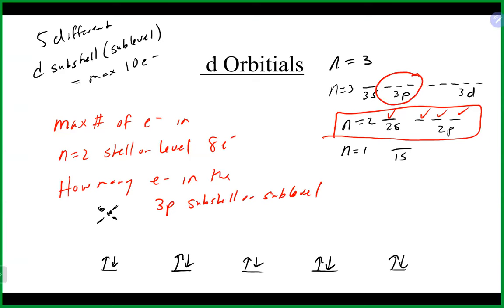There are 3 of them, which means each one could hold 2, 4, and 6 electrons in there. How many electrons in a 3D orbital? How many would that be? What do you think?